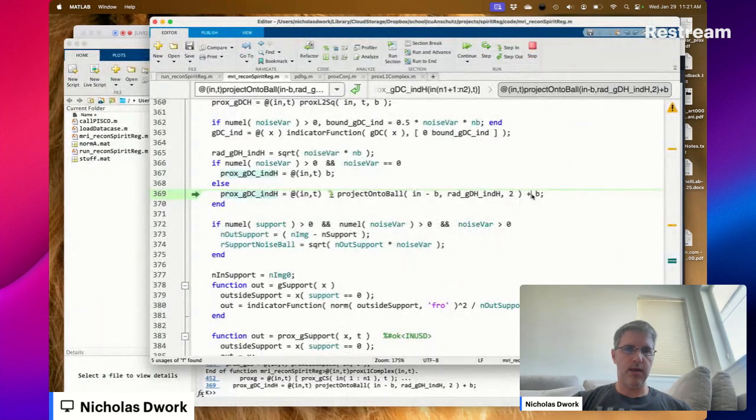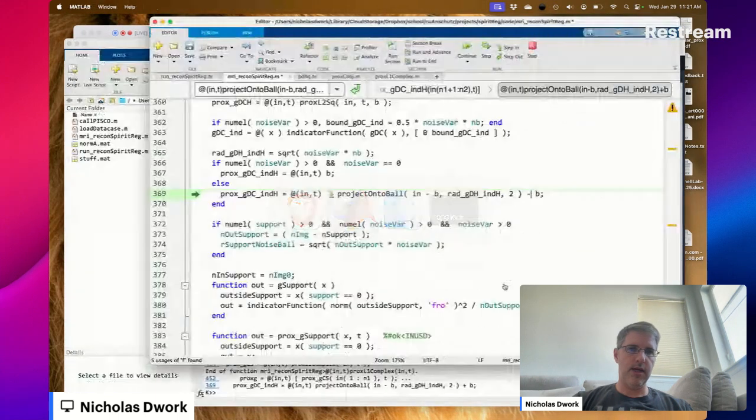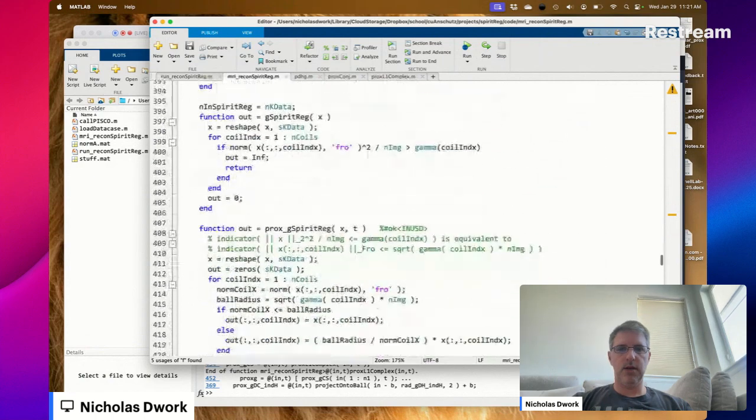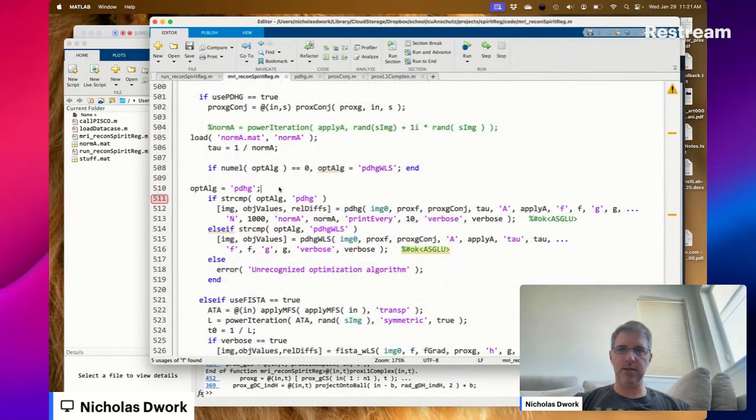Minus b plus the proximal operator of ax plus b. Okay. So we were projecting onto the wrong spot.